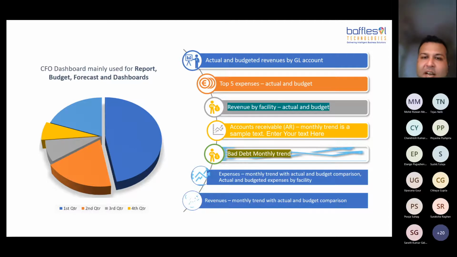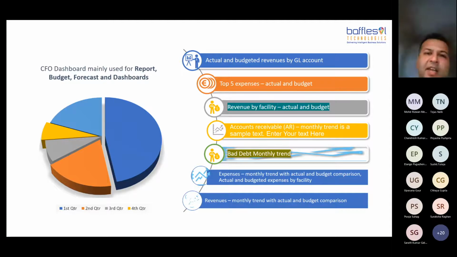Well, every company has this kind of problem. What I want to see is bad debt, or possible bad debt in terms of delays, etc. How have my expenses been in each expense category when I compare actual and budgeted expenses? And the same thing on the revenue side.